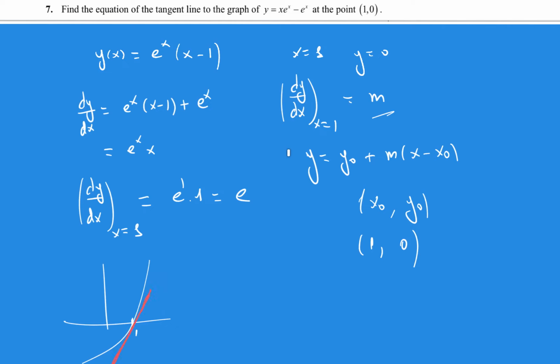The equation of this line is y equal y0, which is 0, plus m, which is e, multiplied by x minus x0, which is 0. So the equation is y equal x multiplied by e. It sounds logical.